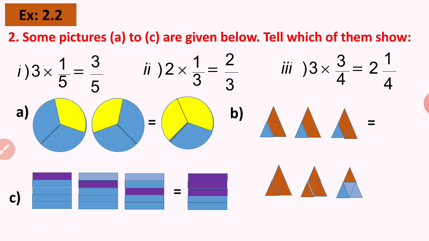The very first one is 3 to be multiplied by 1 by 5. So we'll look out for 1 by 5, but it should be written 3 times. So that is the C. Now here you will see 1/5, 1/5, 1/5.